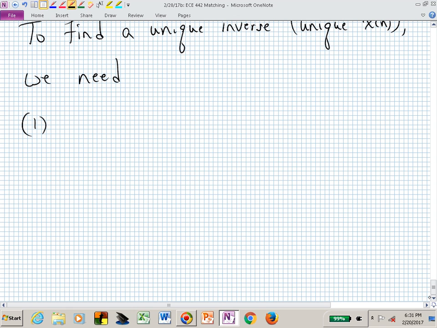We need capital X of z, and what else do we need? We need the ROC, don't we? We need the region of convergence.